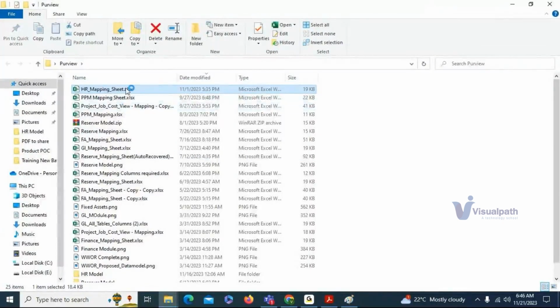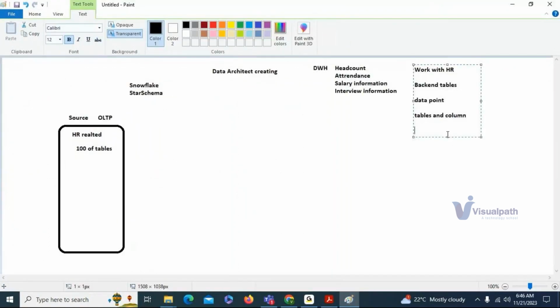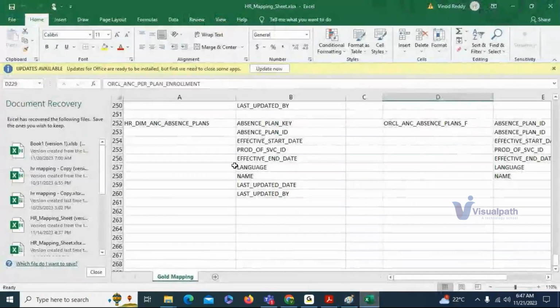What people will do is identify the source tables, understand all of them, and then create a data model which will help them analyze the data, because the tables that are available here will not be easily understandable or in a way that people can directly use. You need to create some meaningful tables.